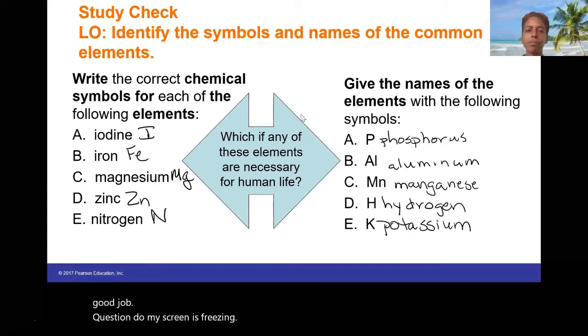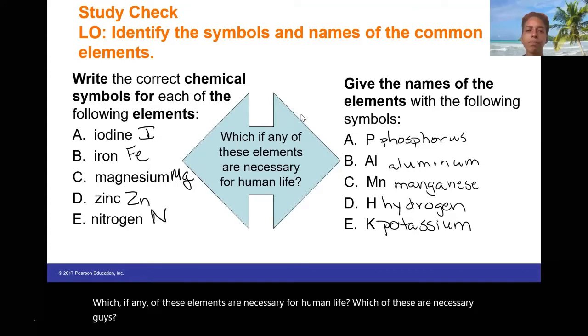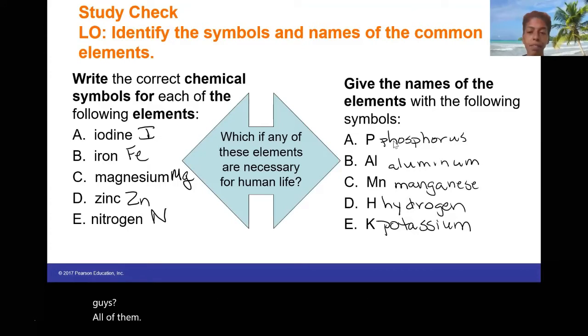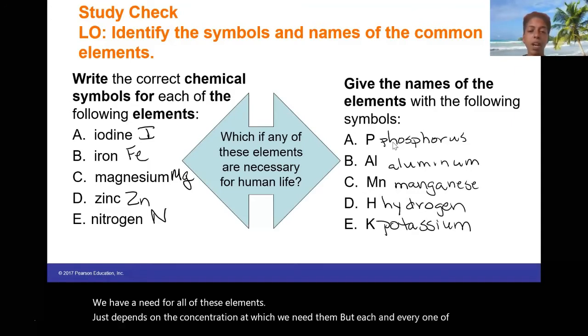Which, if any of these elements are necessary for human life? Which of these are necessary, guys? Actually, all of them. We have a need for all of these elements. It just depends on the concentration at which we need them, but each and every one of these elements is necessary for human life.